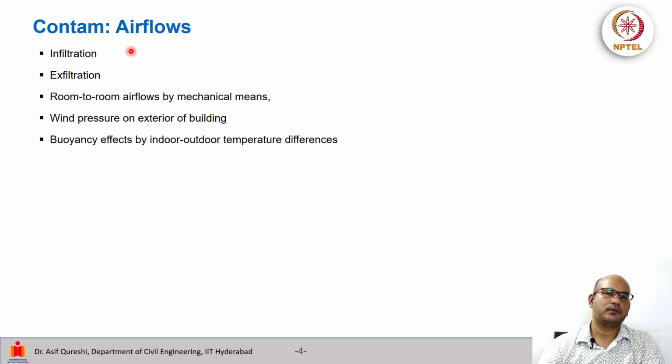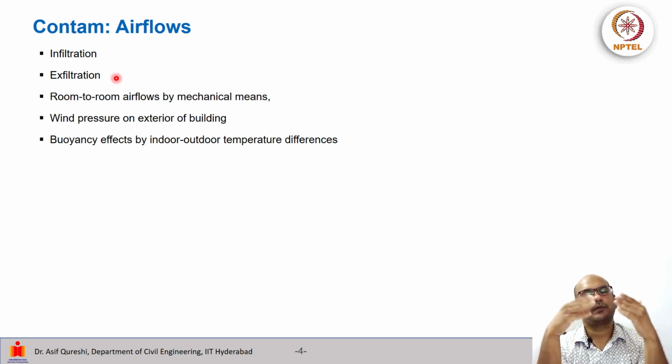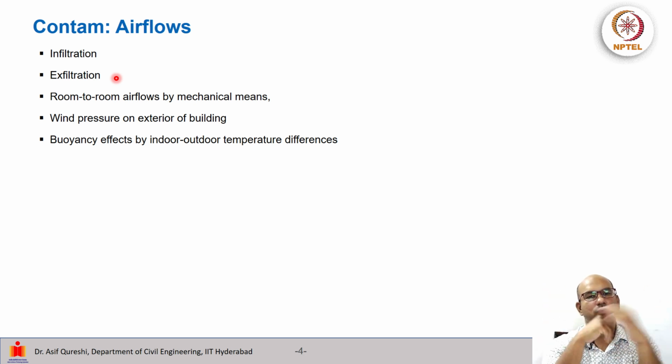For example, it can model infiltration, so infiltration of air from outside to inside. Then also exfiltration, which is the movement of air from inside to outside. So infiltration and exfiltration both can be modeled.